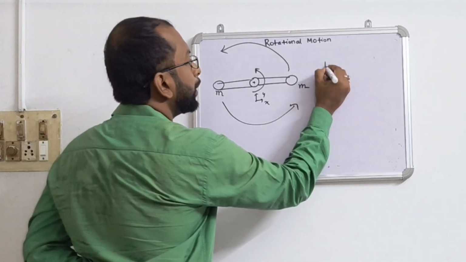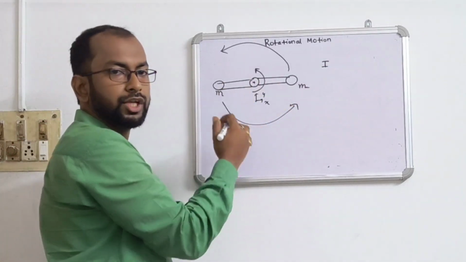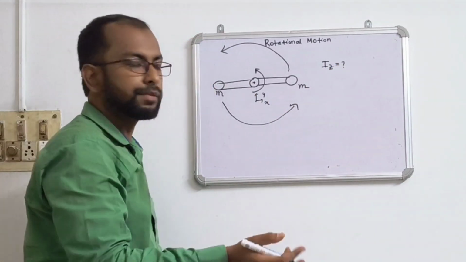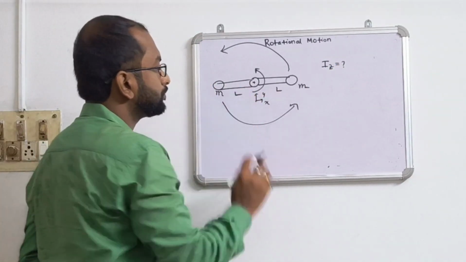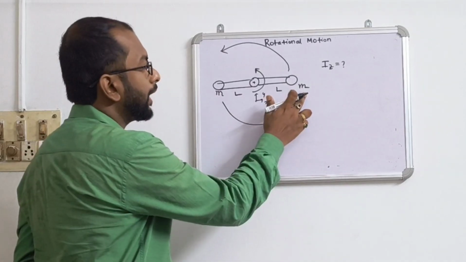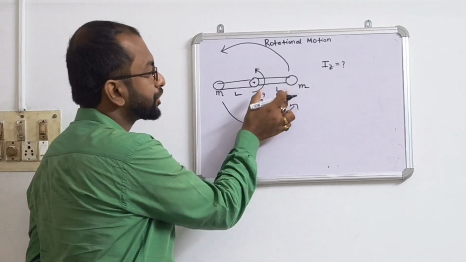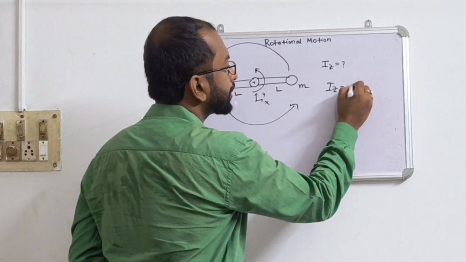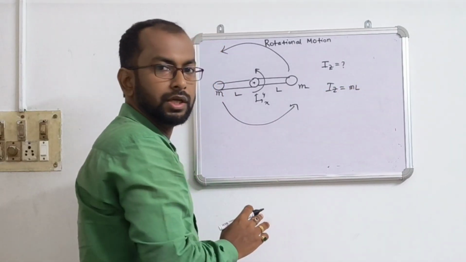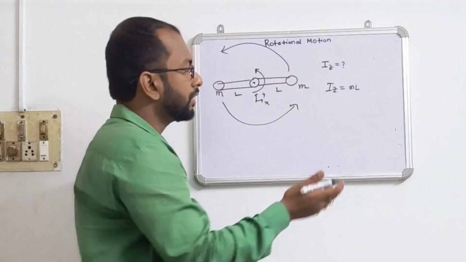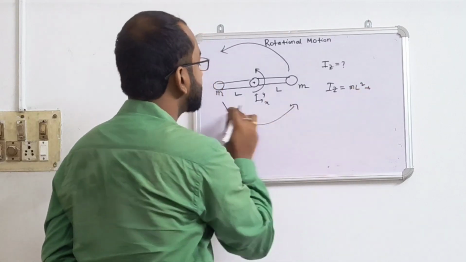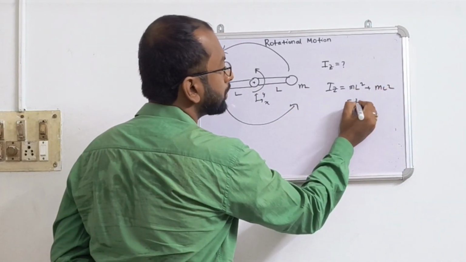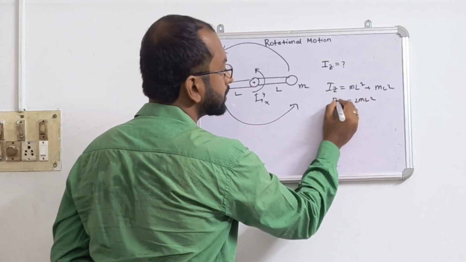What will be the moment of inertia? Because this is rotating with respect to z axis, so Iz you have to find out. It's very simple. If the length is L, M mass is located at L distance from the center. So Iz will be the summation of all the masses into that distance square. So ml square plus this mass is also at distance L. So you can add. So it is 2 ml square, Iz.